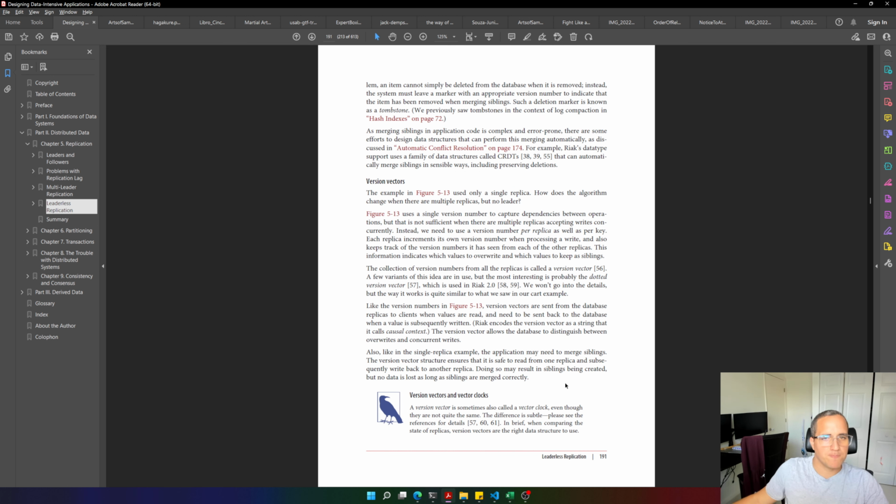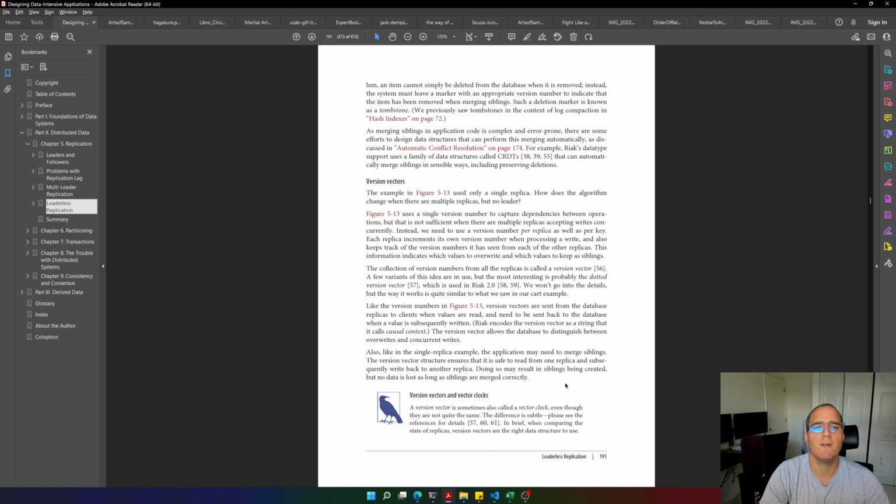To prevent this problem, an item cannot simply be deleted from the database when it is removed. Instead, the system must leave a marker with an appropriate version number to indicate that the item has been removed when merging siblings. Such a deletion marker is known as a tombstone. We previously saw tombstones in the context of log compaction in hash indexes on page 72.